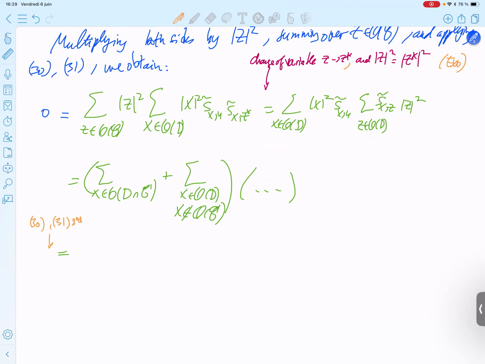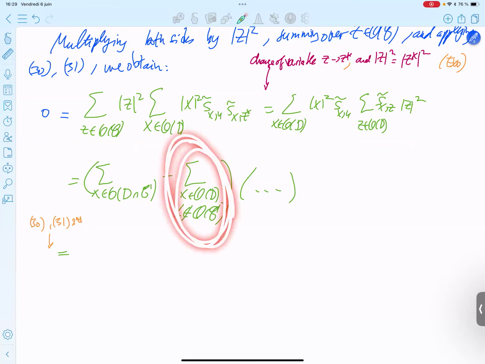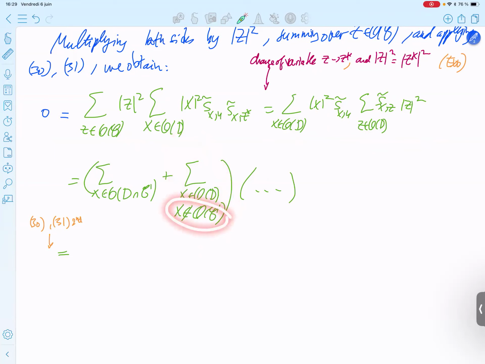So what do you get? Regarding that, you have x which is not in C prime. So maybe I made a mistake here.